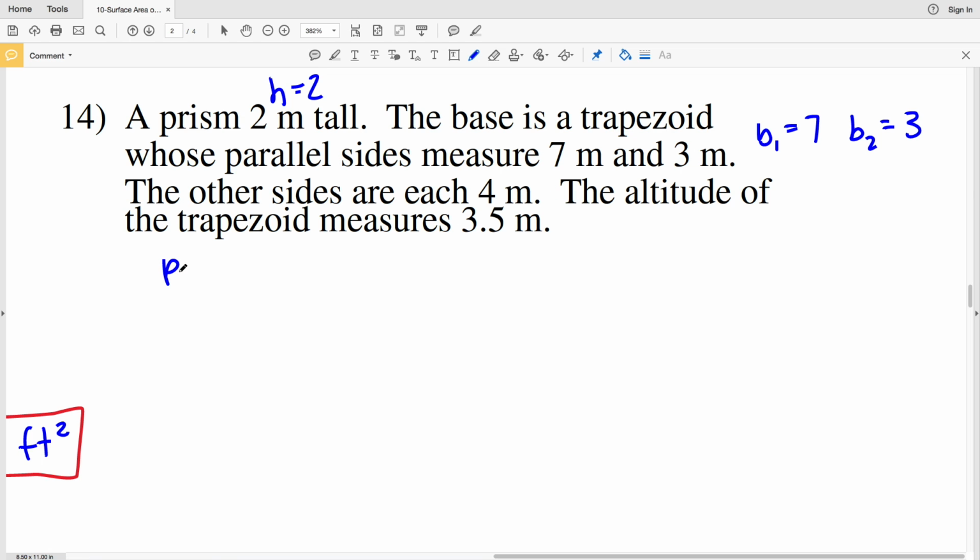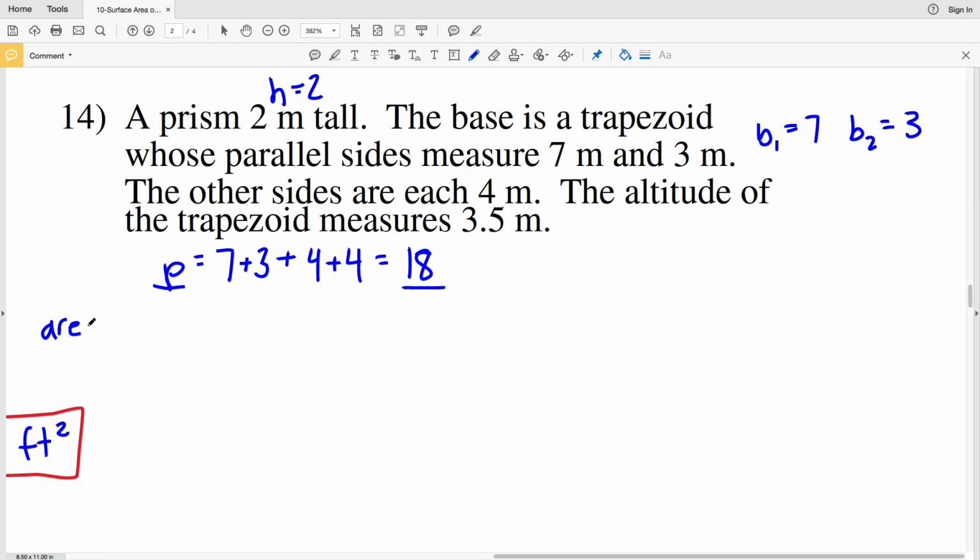So first let's calculate the perimeter of this trapezoid. The perimeter P of the base of this trapezoid is going to be base 1 plus base 2, 7 plus 3, plus the 2 other sides, which are each 4. So 4 plus 4. 7 plus 3 is 10, plus 4 will be 18. So the perimeter is 18 for the trapezoid. And it also gives us the altitude of that trapezoid, which is 3.5. So let's calculate the area of the trapezoid.